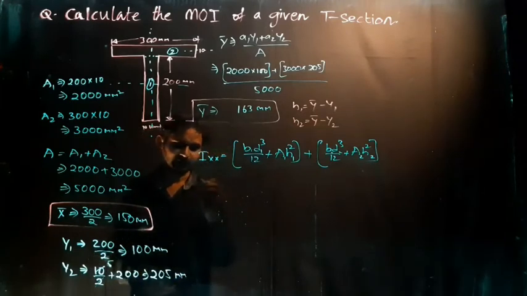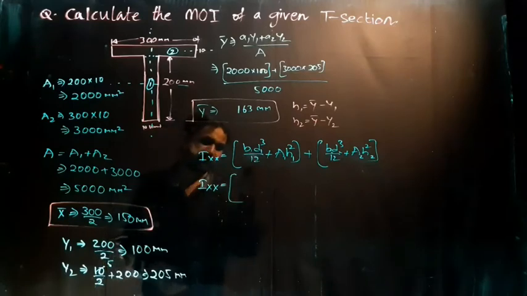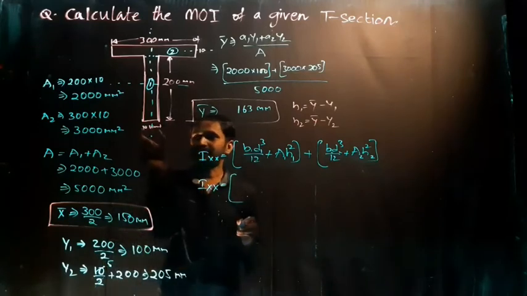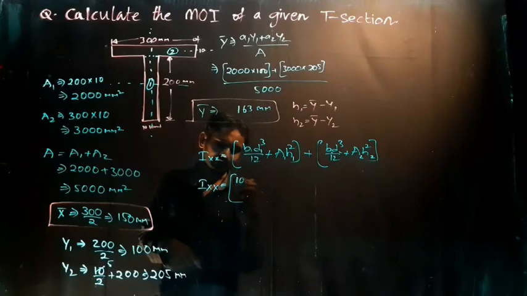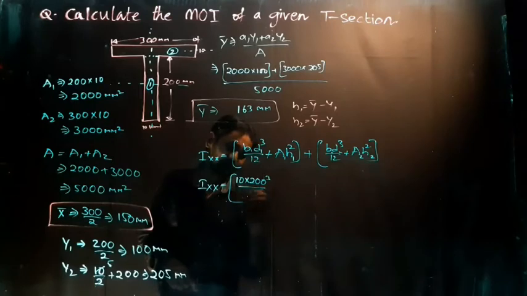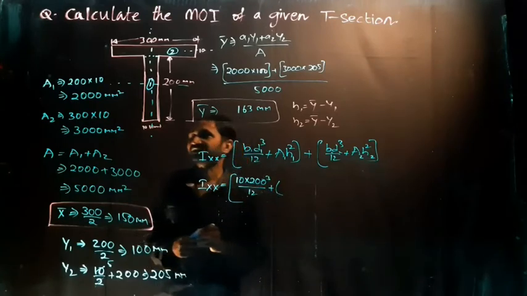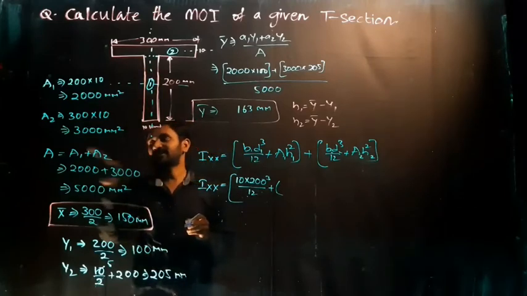Ixx equal to BD cube by 12. B in the sense of figure number 1 is the width 10, into depth 200 cube by 12, plus A1, the area of section number 1. What is A1 here?